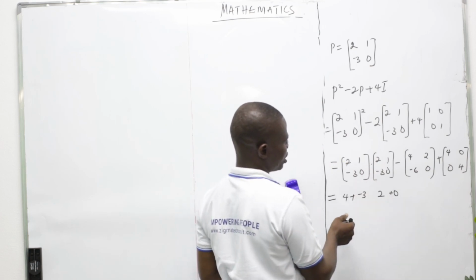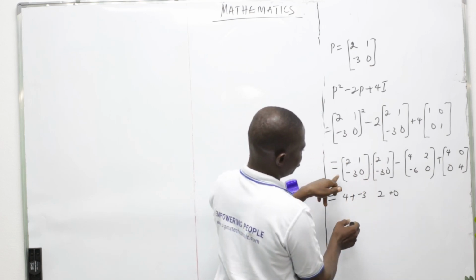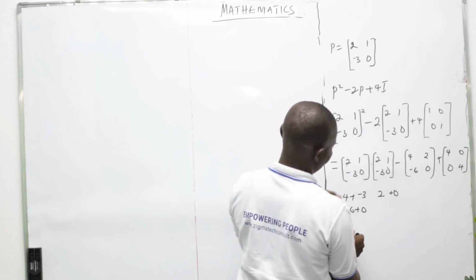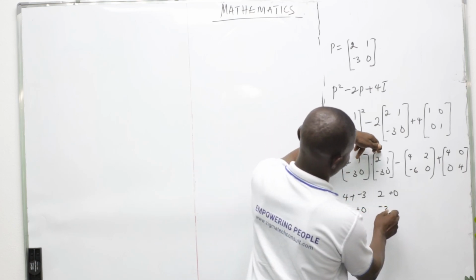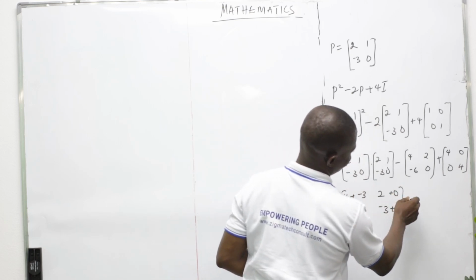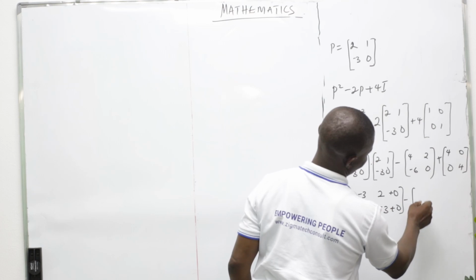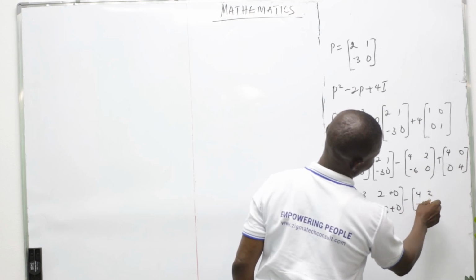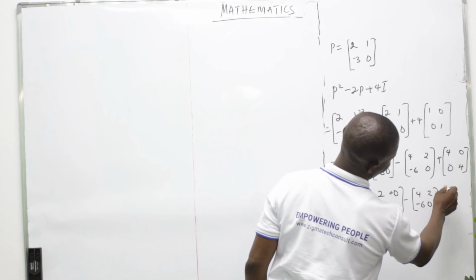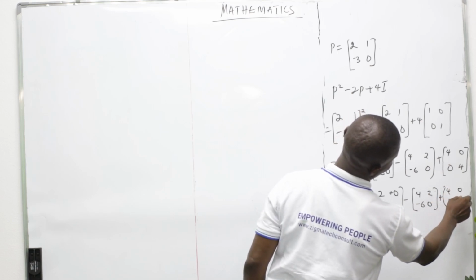We are done with the upper side. Here now, minus 3 times 2, minus 6 plus 0. Here now, minus 3 plus 0. Four, 2 minus 6, 0. Plus 4, 0, 0, 4.